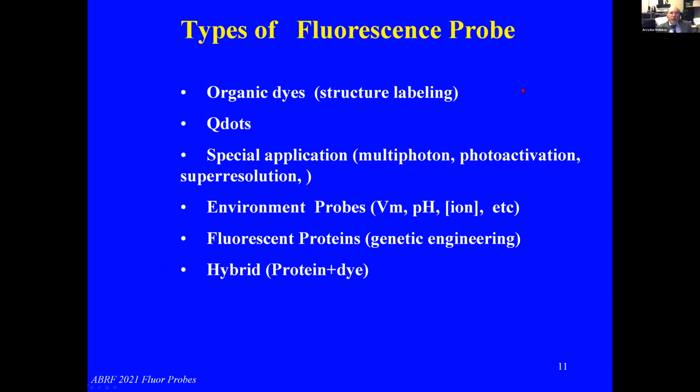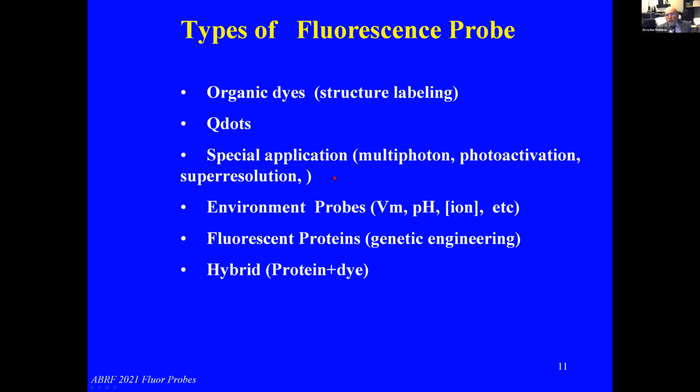Here I briefly list the major types of fluorescent probes. They can be organic dyes that typically are used for structure labeling, or quantum dots that are non-organic. They are very bright and very bleach resistant. There are also special application probes, such as for multiphoton, photoactivation, and super resolution imaging, that may specifically require these specialized probes.